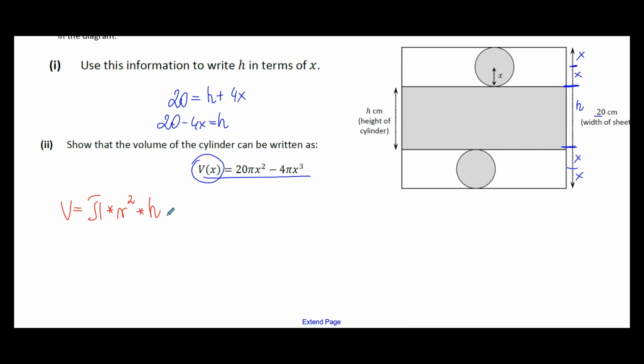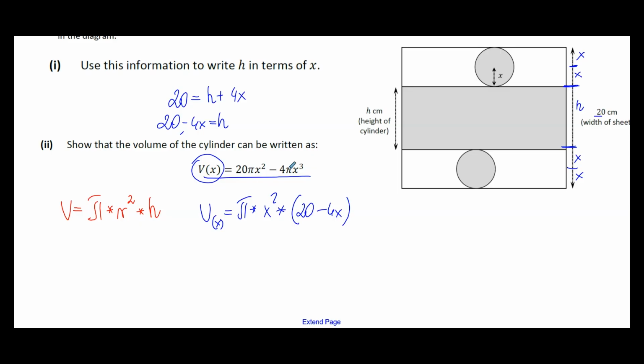In this form, it's not a function. But if we replace our radius with x, and h with the expression with x, well, therefore now we have only two letters, volume and x, isn't it?